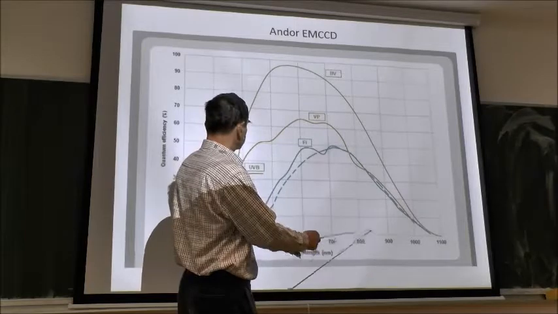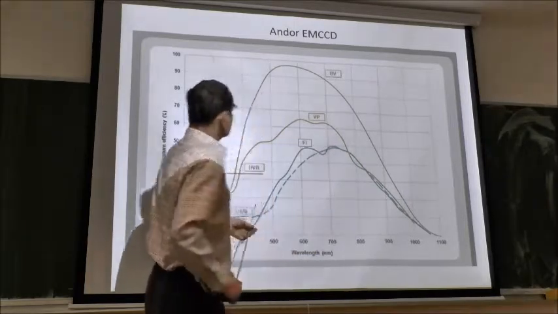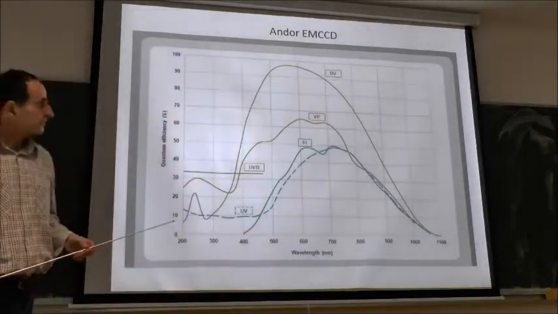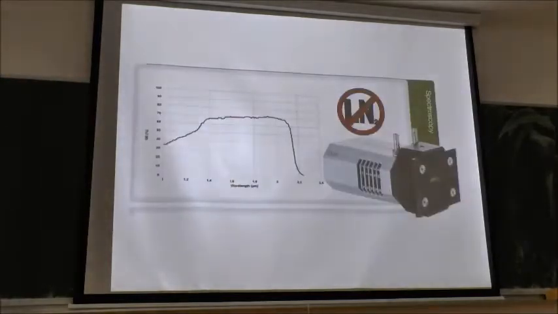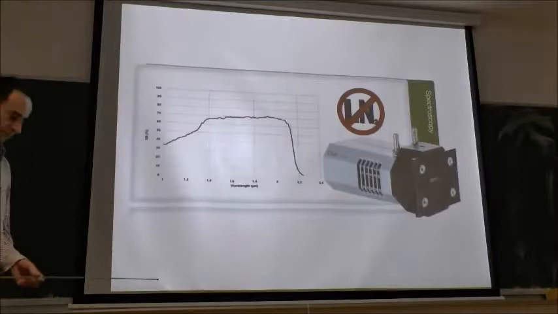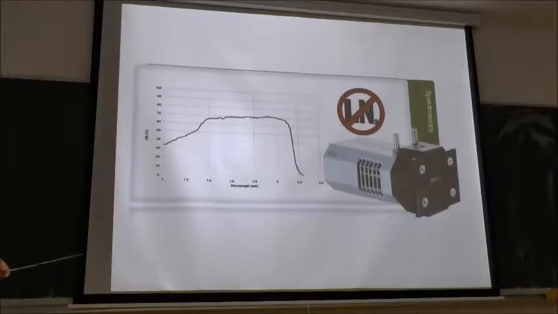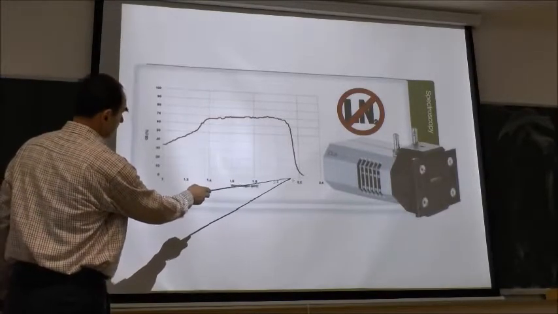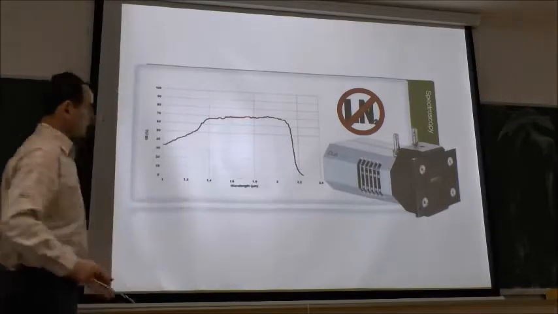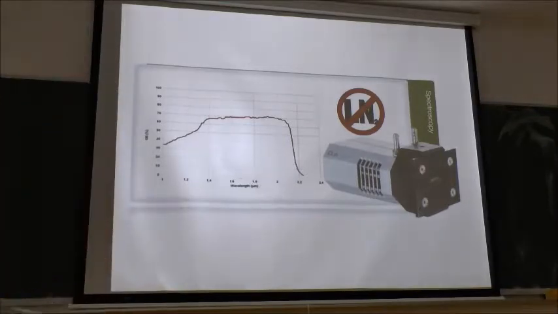So we see that the CCD camera is quite efficient in this range. Another one is an indium gallium arsenide camera, which is used in the infrared range up to 2 microns. I think a little bit more maybe. It's used for fluorescence.